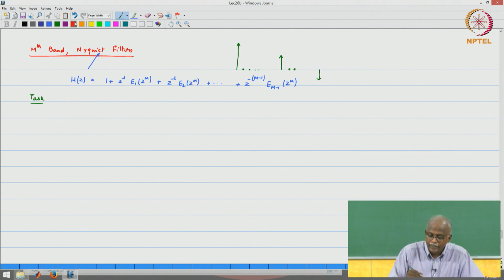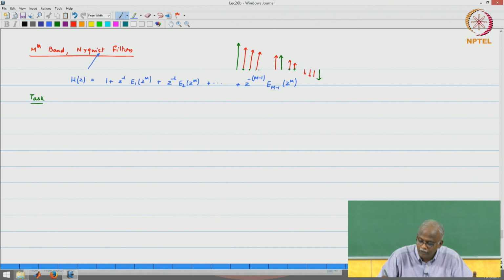When I do the convolution with this filter, these 0 values get filled in, but the original coefficients do not get modified. Notice the green ones remain in the same value. So for example, this is how this interpolation will fill in these values, and that is a very important result.